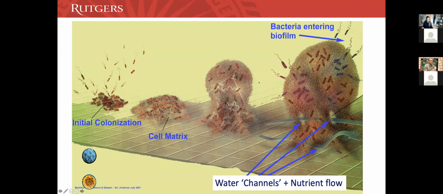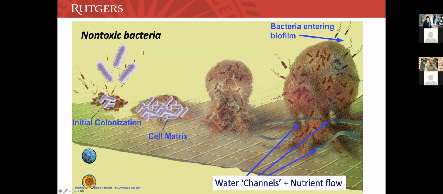All right, so we're going to go through that process again, but we're going to take a look at how cleaning and sanitizing can affect the biofilms. So here we have our stages of biofilm development. And say we have a non-toxic bacteria that has entered into the system and has landed on a surface, and it's starting to form an initial biofilm.